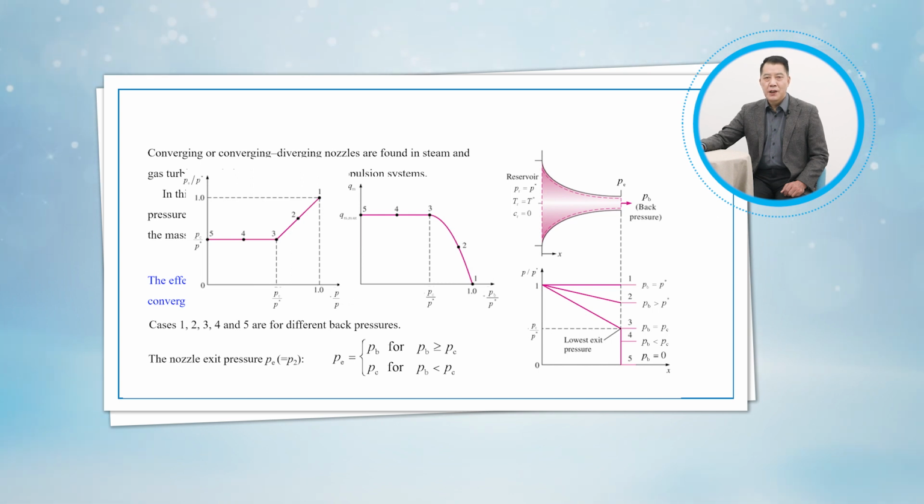Because the velocity of the flow is sonic at the throat for the maximum flow rate, a back pressure lower than the critical pressure cannot be sensed in the upstream flow and does not affect the flow rate.